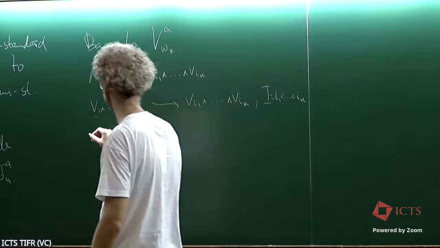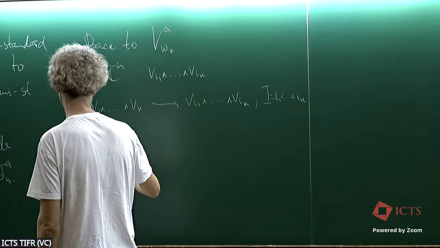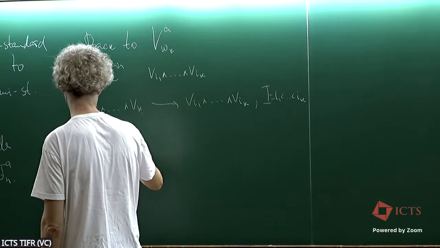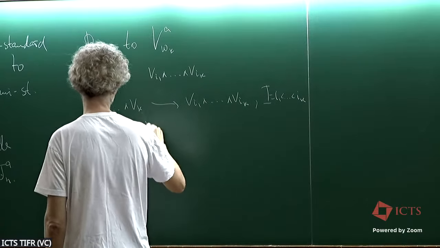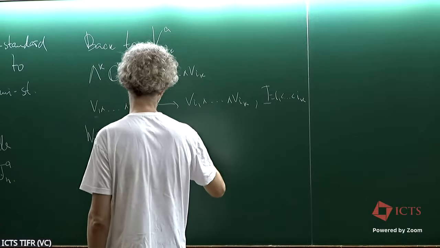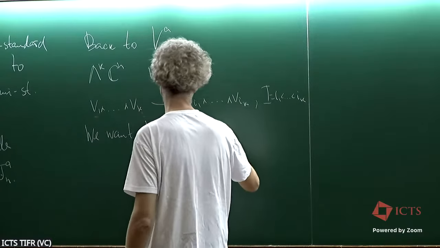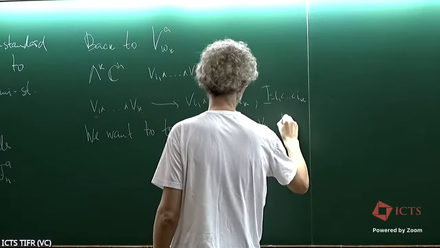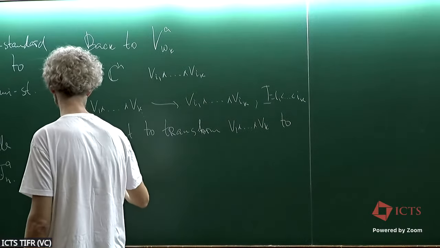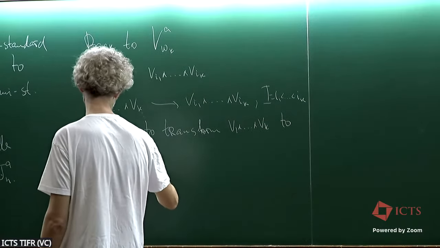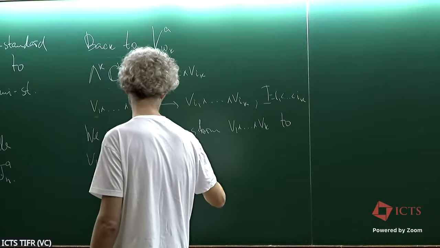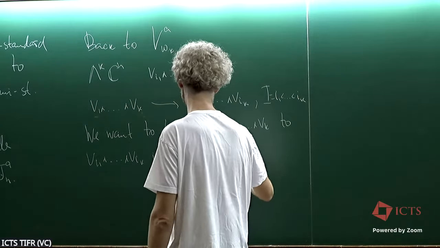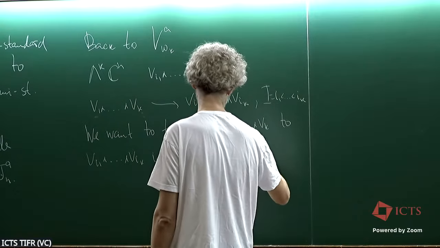So we want to transform v_1 wedge ... wedge v_k to v_i1 wedge ... wedge v_ik in a minimal possible number of steps.